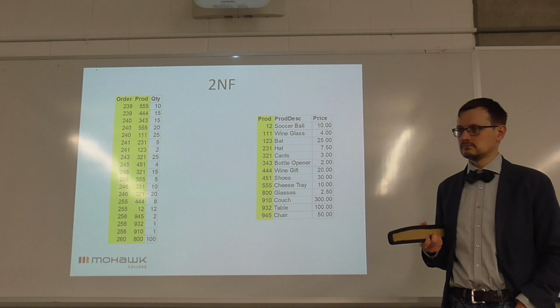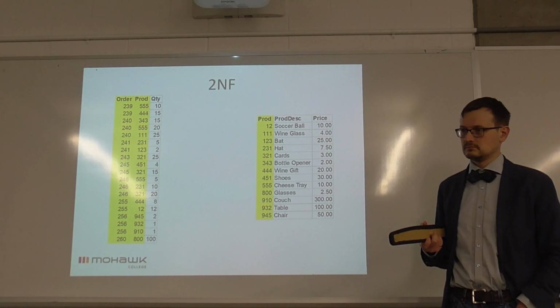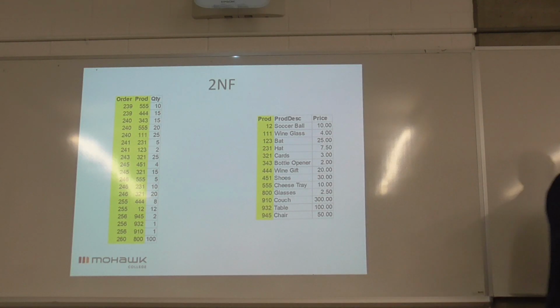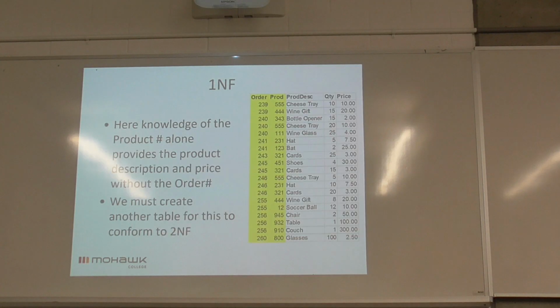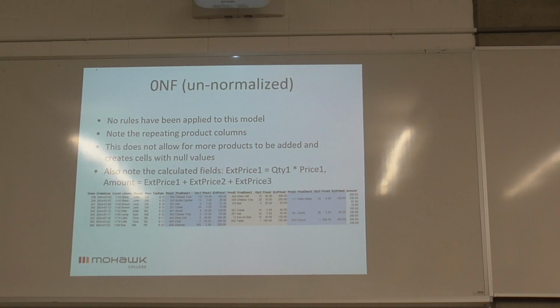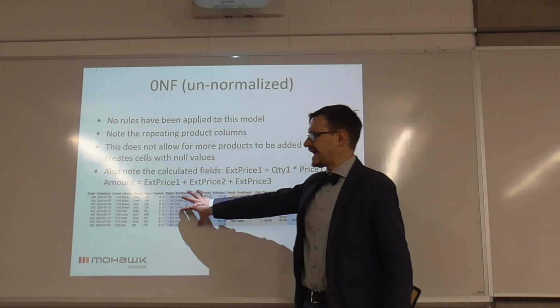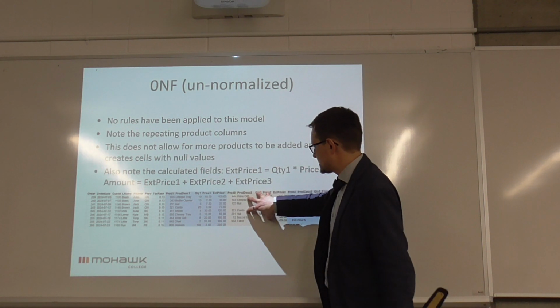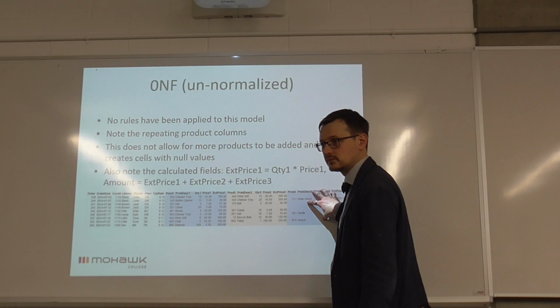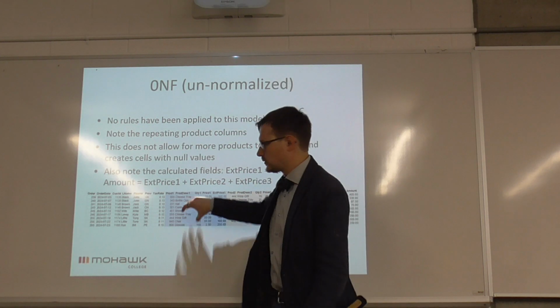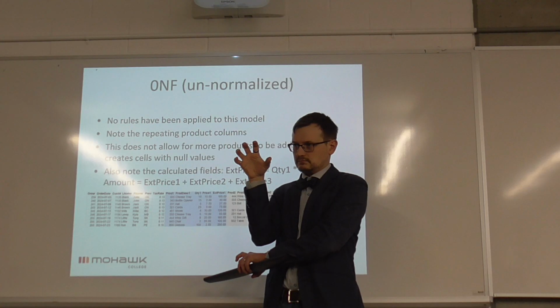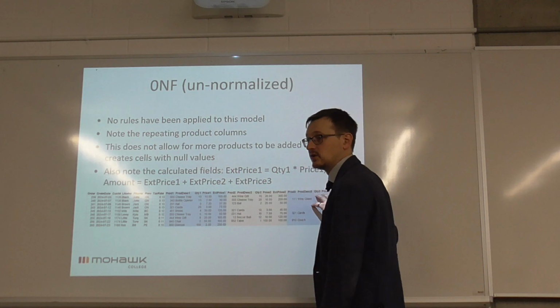Question: what was the difference in the separating of tables that we did in the first normal form versus this one? Good question. In the case of the first normal form, we had redundant sets of attributes, right? These were crunched into one and extracted into their own table.